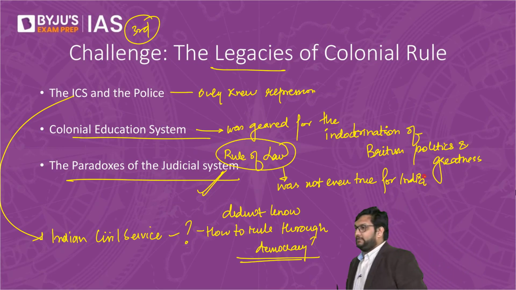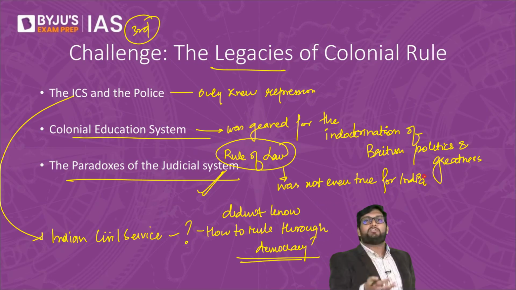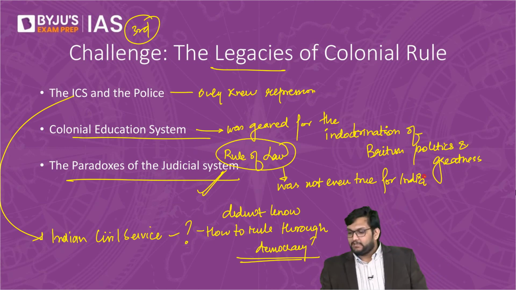So if there's an economic crisis, there's a problem, our institutions are also colonial. They are Indian, but they don't know how to rule democracy. You need to understand this.